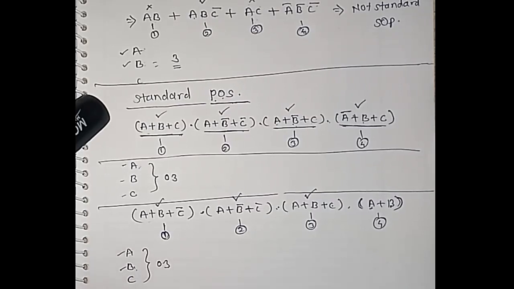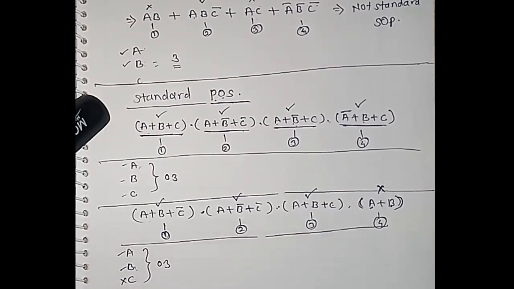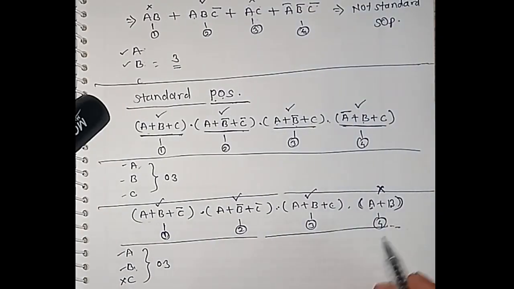A is present and B is present, but C is absent here. So this is not a valid sum term. So this equation is not in standard form, or not in canonical form. It is sometimes also called canonical. So this is an unstandard form of POS equation.